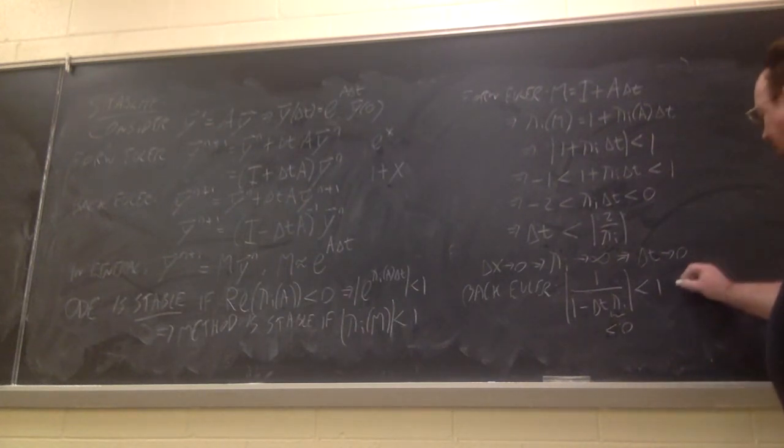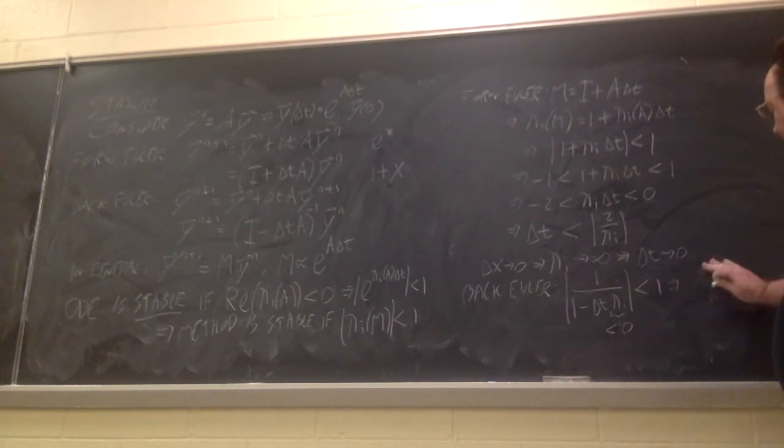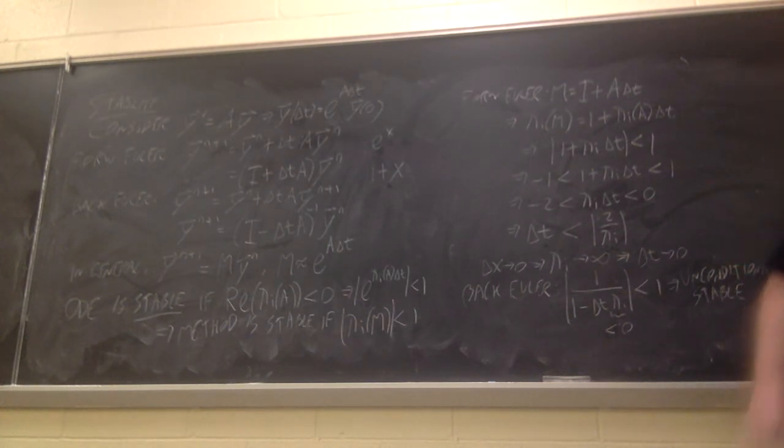So it is, actually I'll use a proper term here, unconditionally stable. So you can choose delta t to be as large as you want. May not get much accuracy, but at least your solution will be bounded.